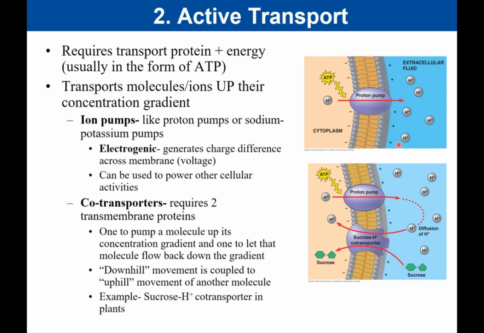And in the proton pump, we're going to pump hydrogens against the gradient. So from a low concentration to a high, and because that's an unfavorable reaction, it requires energy in the form of ATP. Now, this type of pump is what we call electrogenic. And what that means is that it generates a charge difference across the membrane, what we call a voltage.